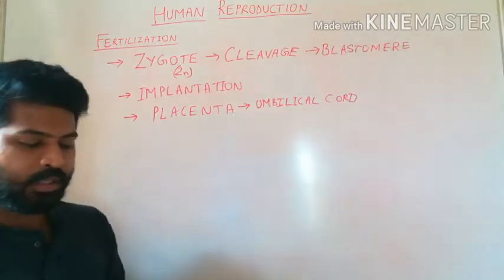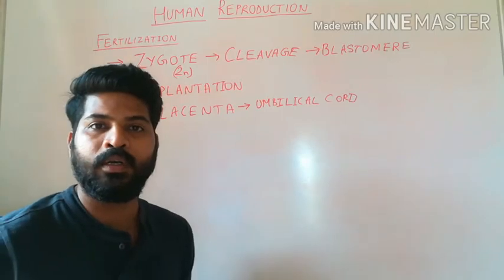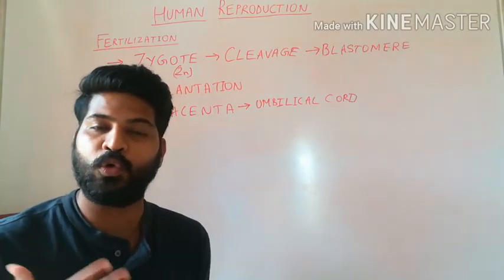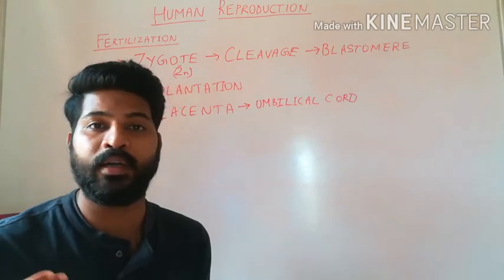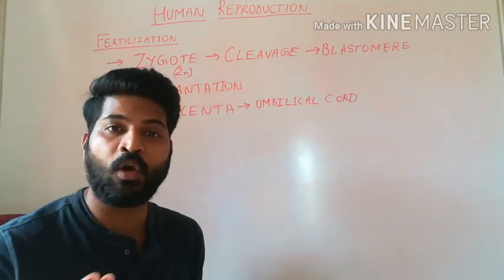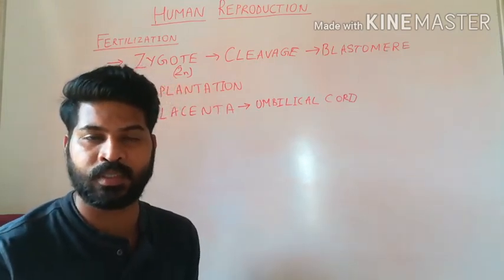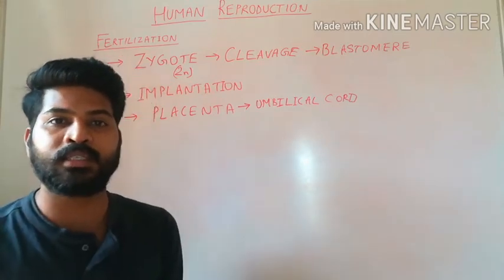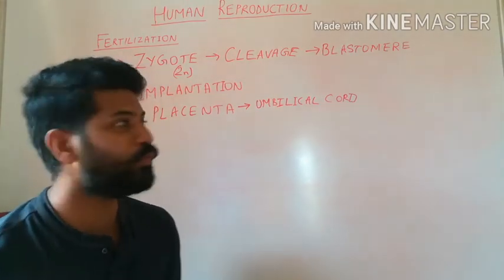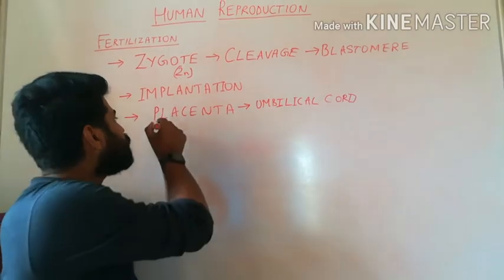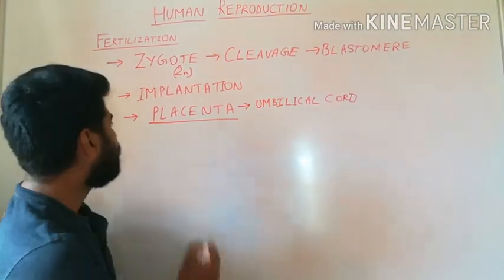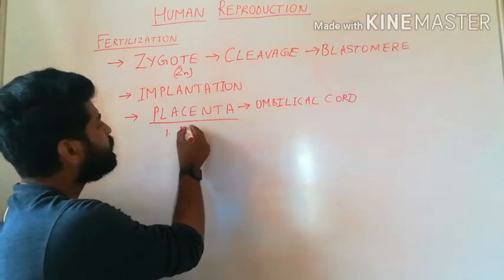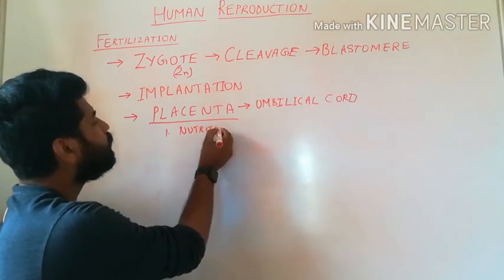Now, if the embryo has to develop, the cells need to grow, the cells need to develop, and the cells need to differentiate, producing tissues, organs and organ systems, for which nutrition is required. Therefore, one of the major functions of the placenta is that it provides nutrition to the embryo.